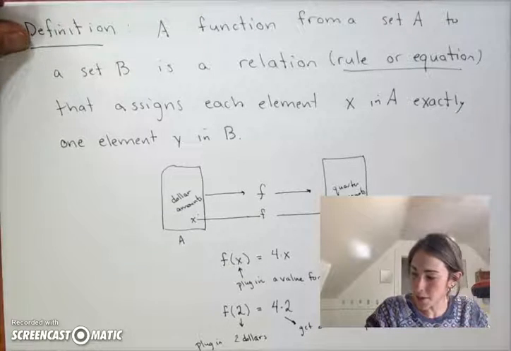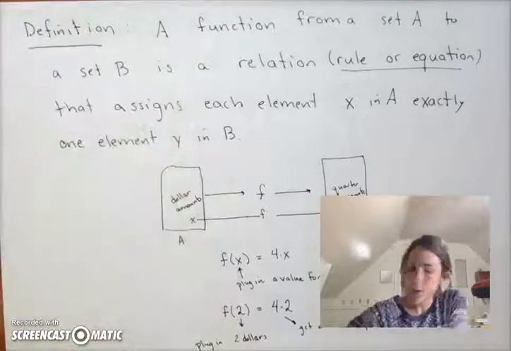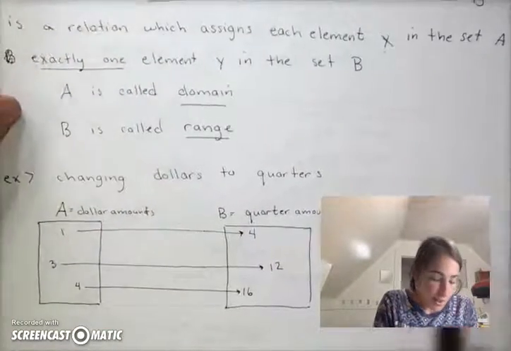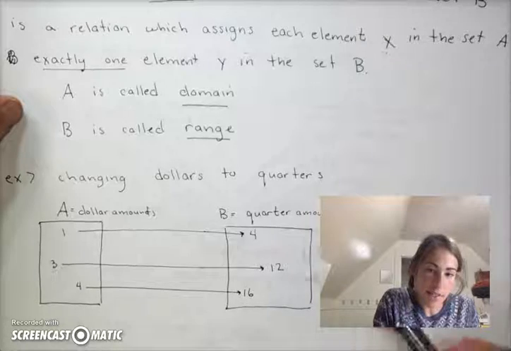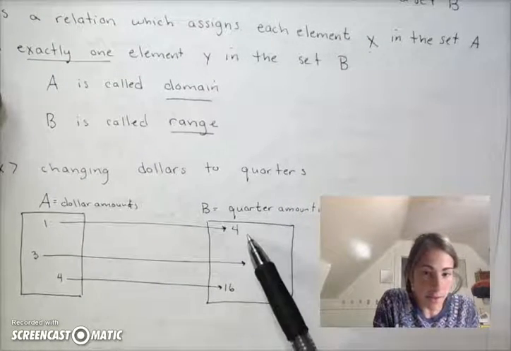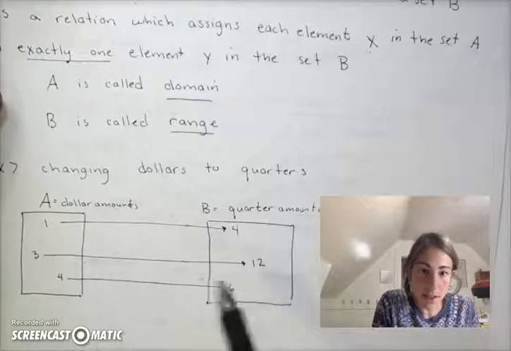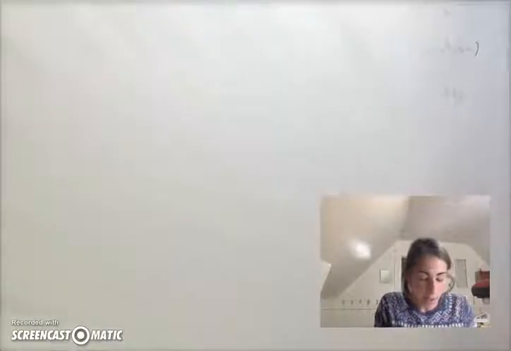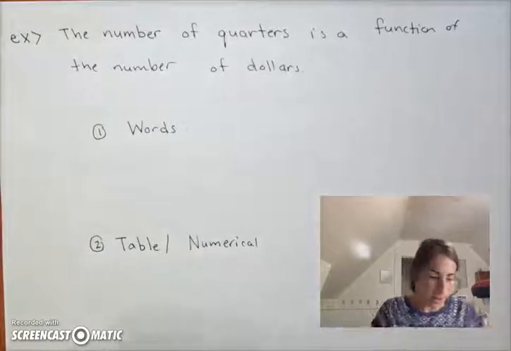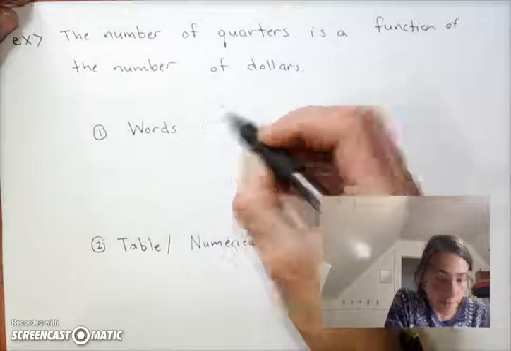So remember our function from last time, which was the coin machine. The coin machine takes in dollar amounts and it spits out quarter amounts. So if you put in the number 1, you get out the number 4. If you put in the number 3, you get out the number 12. And so we decided that we could write this rule in the following way.